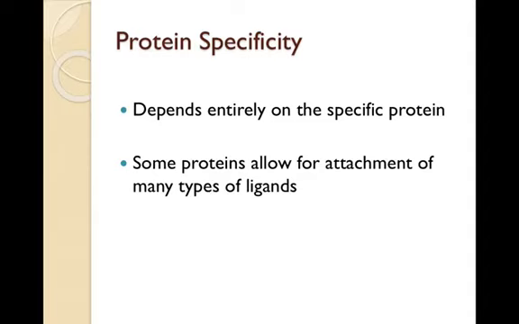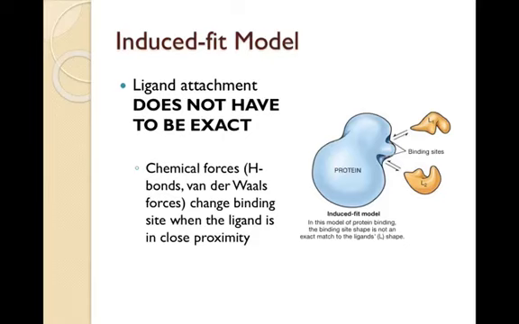There is something within proteins called protein specificity, and it really depends on the specific protein. Some proteins allow for attachment of many different types of ligands, and some proteins only allow for the attachment of one particular ligand. We'll talk about many examples of proteins in the upcoming lecture.